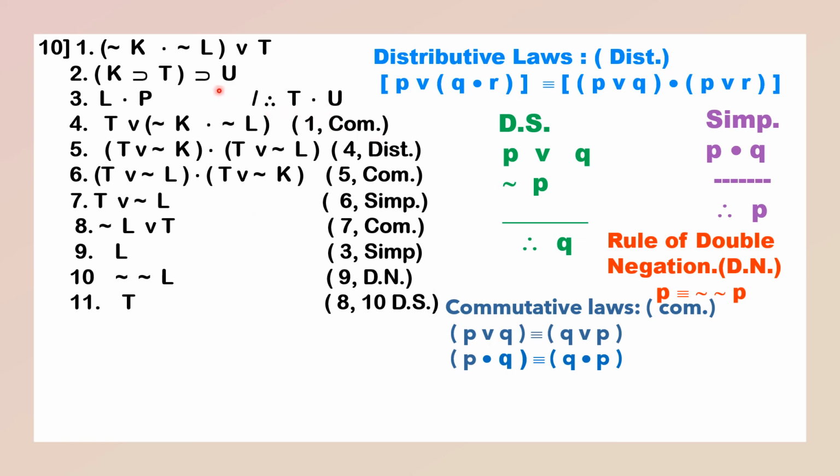Now we want U. You can get U only if you have K horseshoe T. So we don't have K. So what we'll do, we'll add to it curl K, addition.